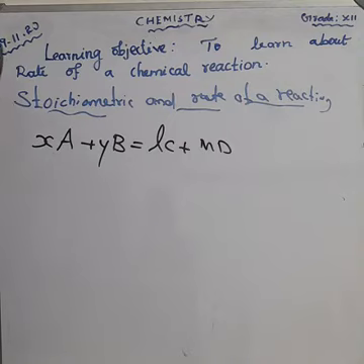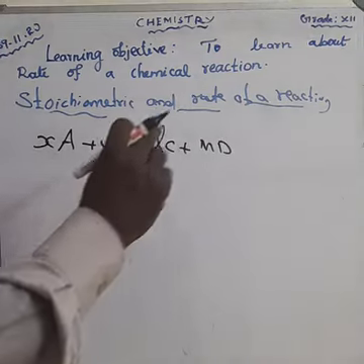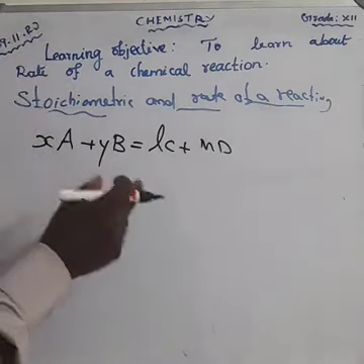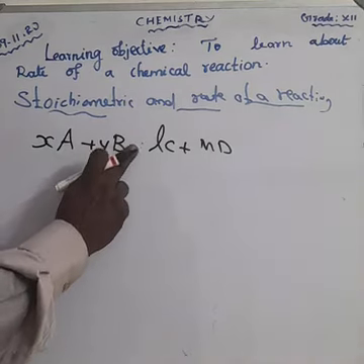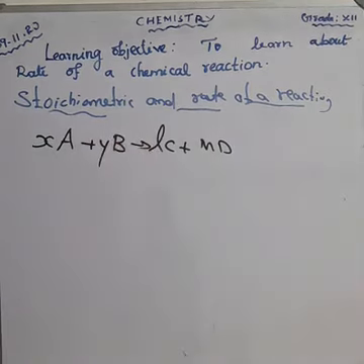I told you, the rate of the reaction is equal to the rate of the consumption of the reactant divided by its coefficient in the balanced equation, that is xA plus yB gives lC plus mD. How can you write the rate?